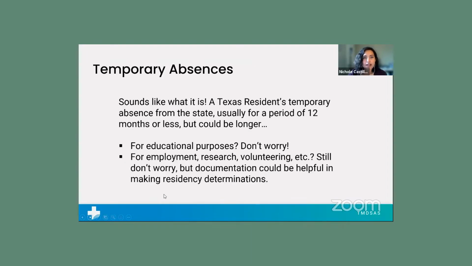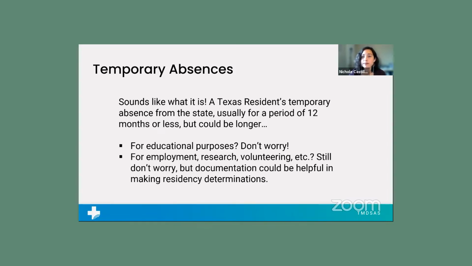All right. Another thing that comes up often, you'll see it on our website, you'll see it on the ECV website, is temporary absence. So a temporary absence sounds like what it is. For a Texas resident, this is a temporary absence from the state, usually for a period of 12 months or less, but it could be longer depending on the reason.